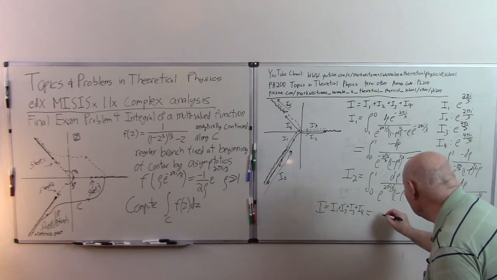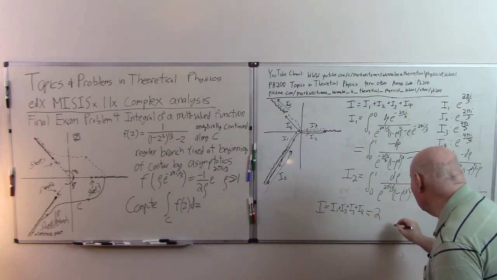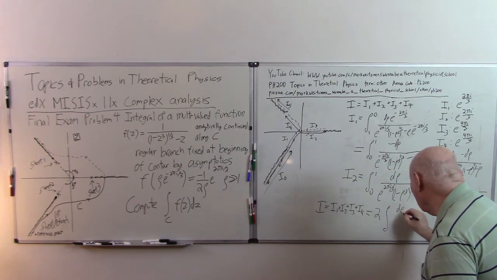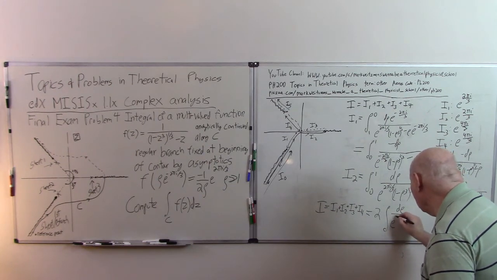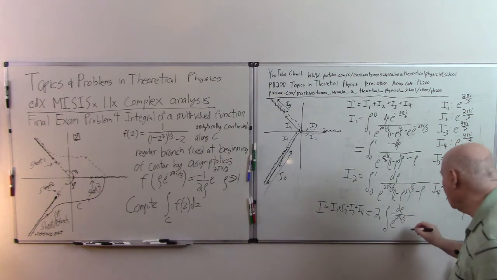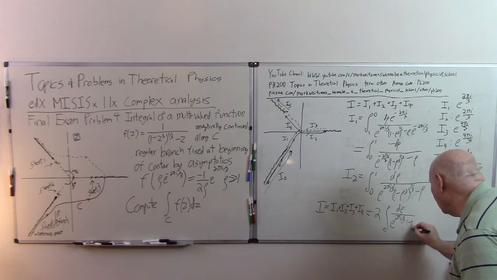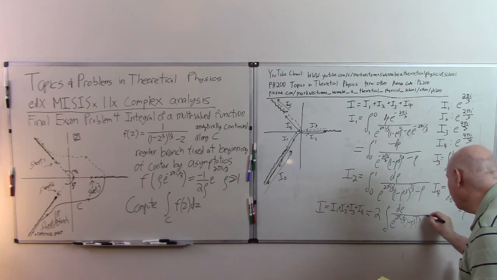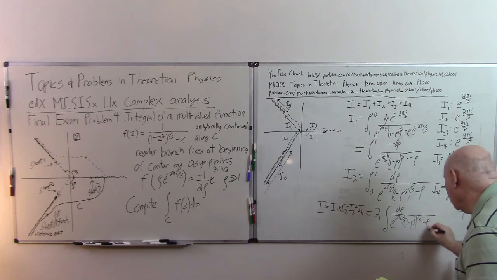So we're going to get 2 times the integral d rho e to the 2 pi i over 3, (1 minus rho cubed) to the 1/3 minus rho.